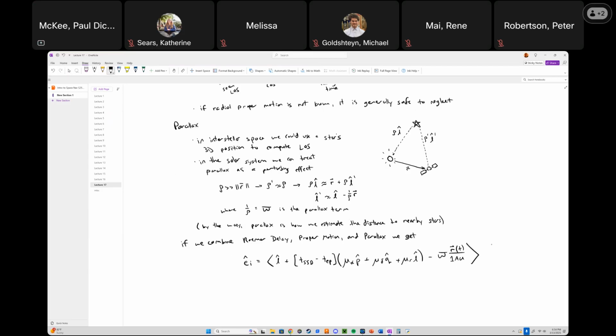So this bit here is radial proper motion, which is optional. And this bit here is parallax, which is optional.